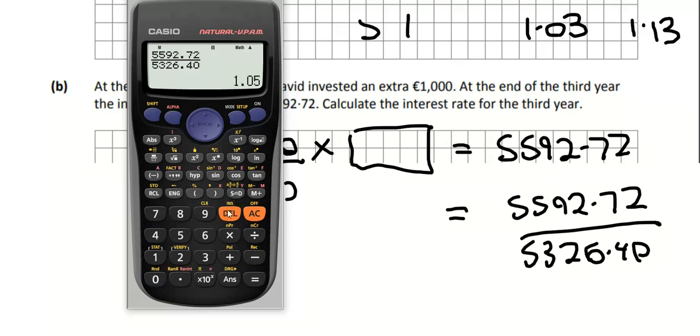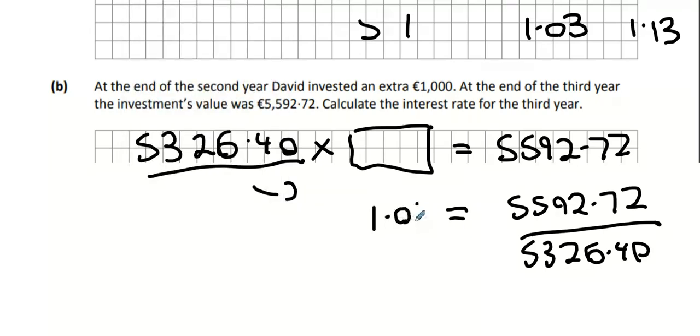You got 1.05. And 1.05 is the same as what? How much percent? Who got 5%? There you go. All right.